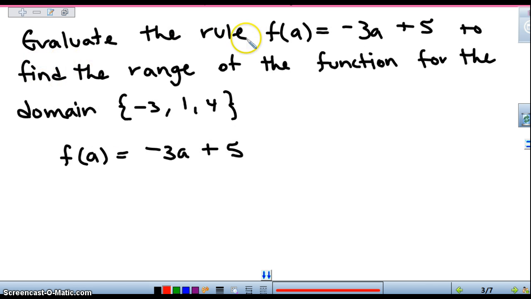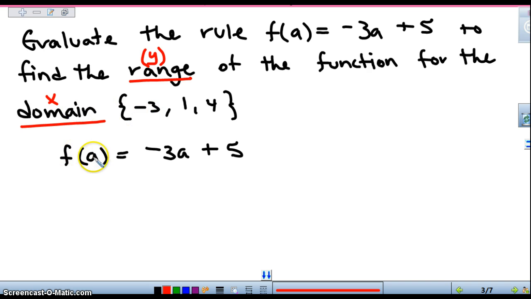If we have to evaluate the rule f of a equals negative 3a plus 5 to find the range, what does range represent? Y. Of the function for the domain, what does domain represent? X. The domain is negative 3, 1, and 4. What this means is that we're going to take the domain and substitute it.